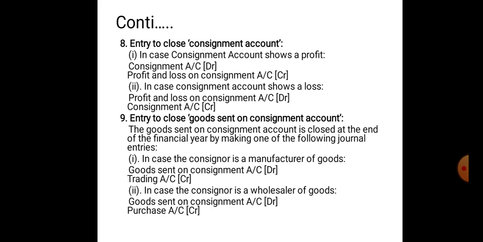In case the consignor is a manufacturer of goods, the entry would be goods sent on consignment account debtor to trading account. In case the consignor is a wholesaler of goods, then the entry has to be transferred to purchase account, that is goods sent on consignment account debtor to purchase account.